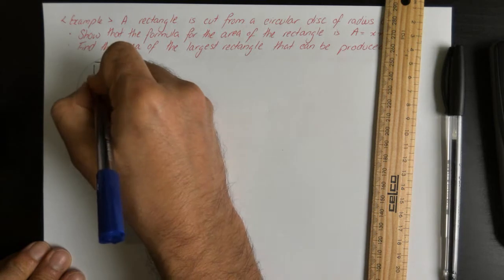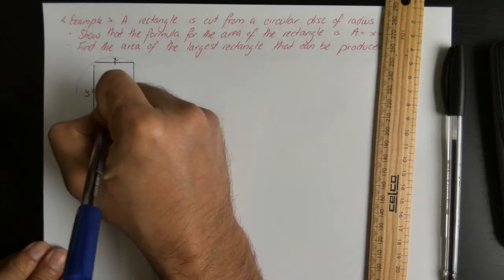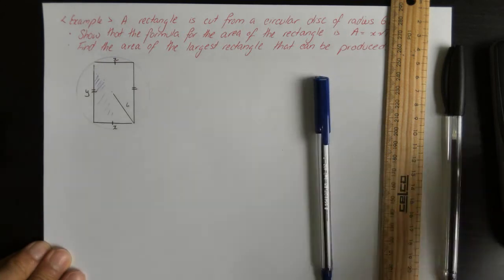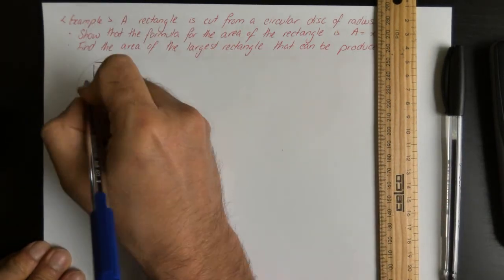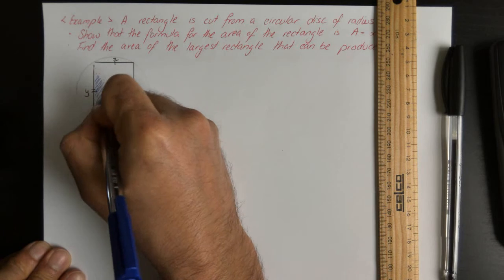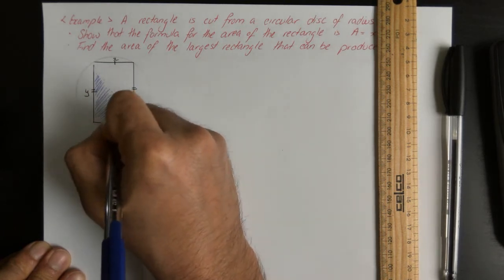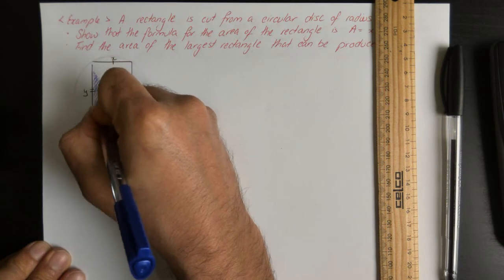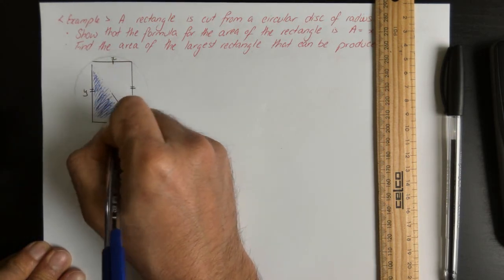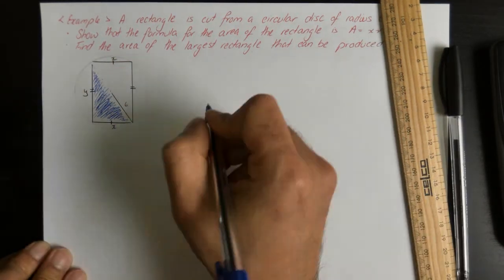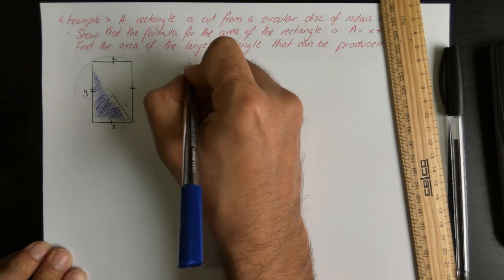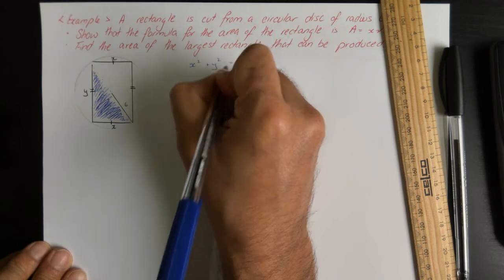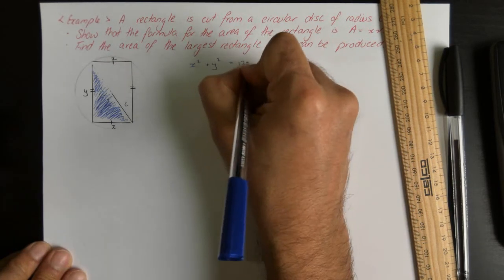Looking at this triangle, I can use Pythagoras that x squared plus y squared equals 12 squared.